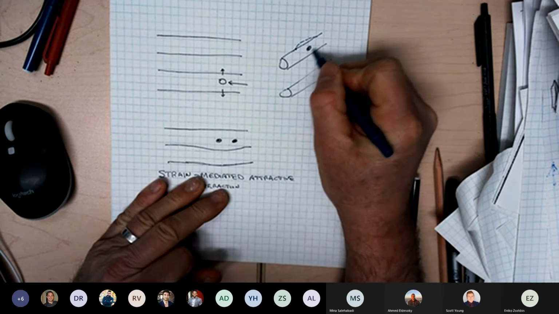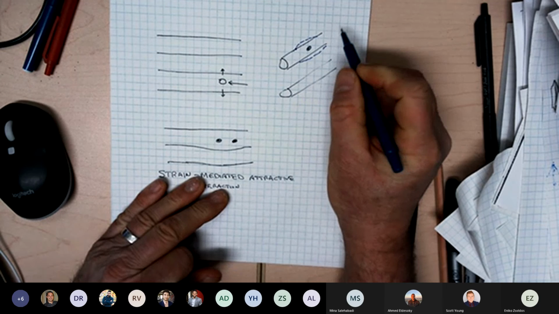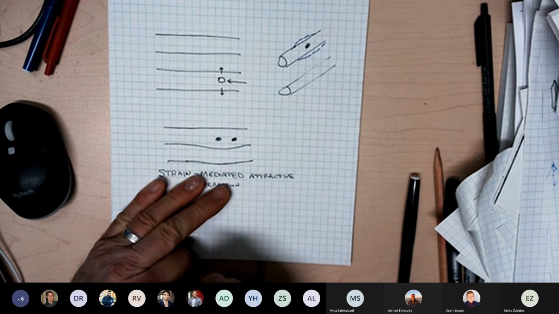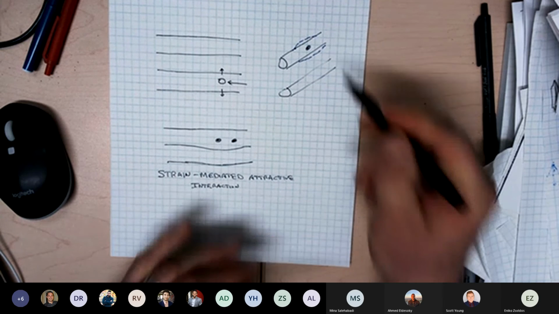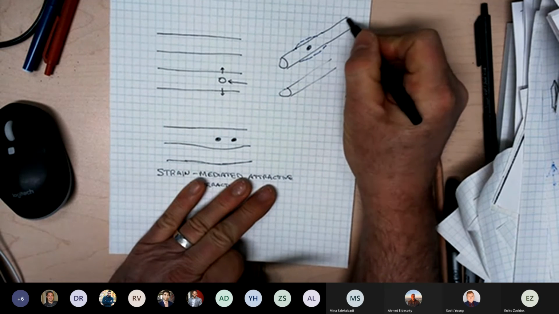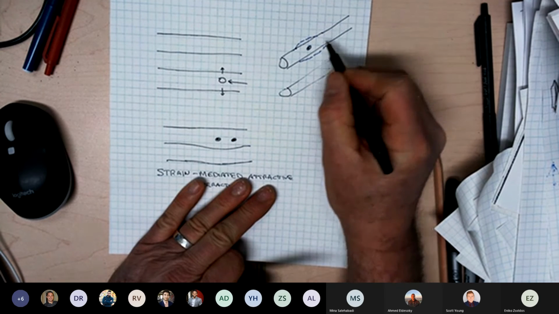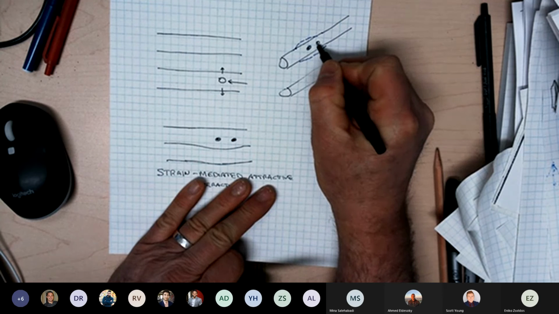The tunnel is going to deform. And then you have a choice to put a lithium atom far away in the tunnel, way down here where it's not expanded, so it has to do the work to do the expansion, or put it nearby where it's already expanded.